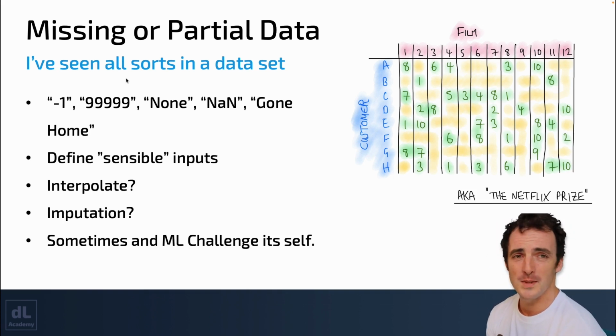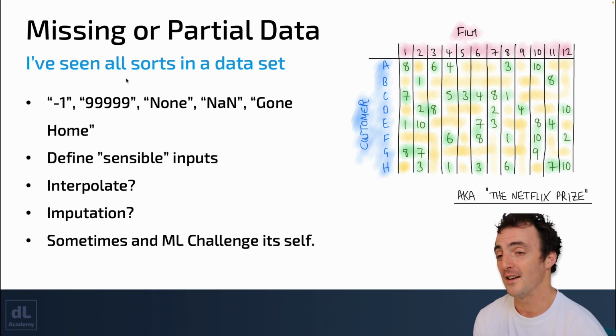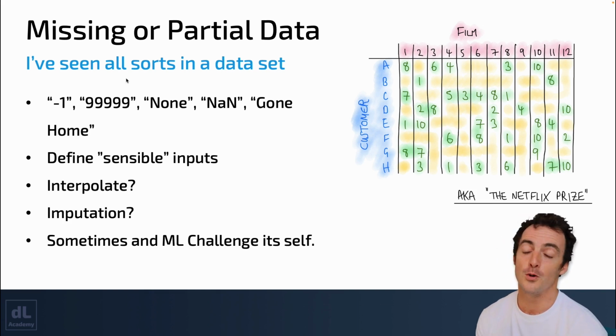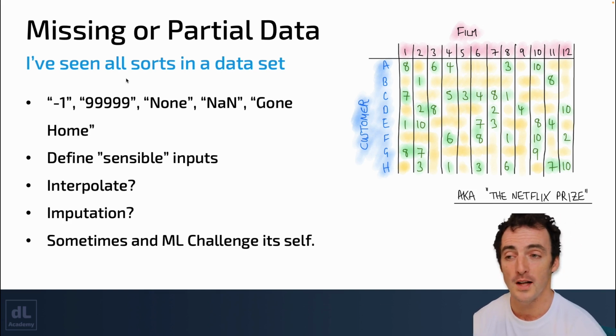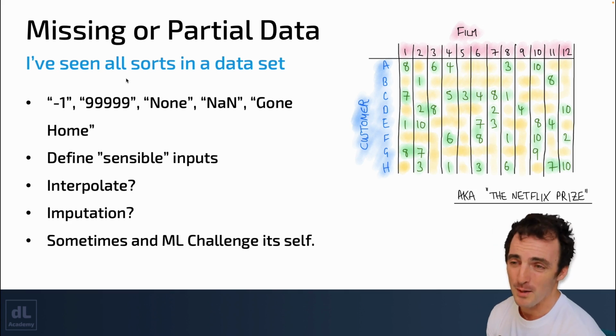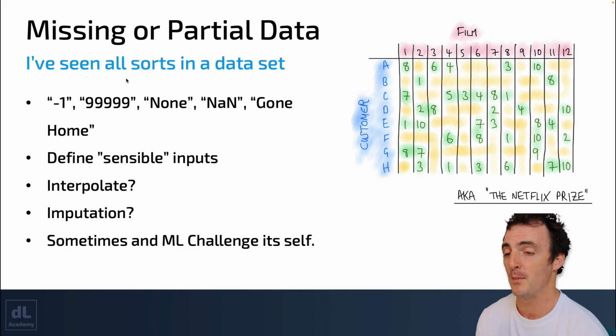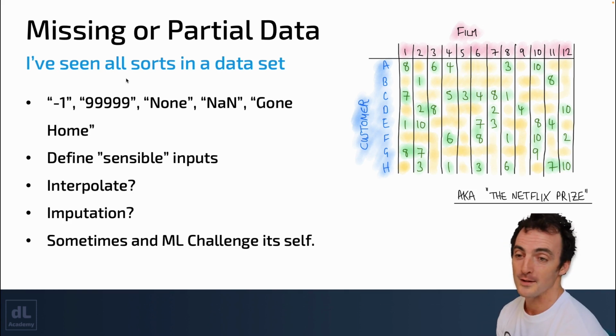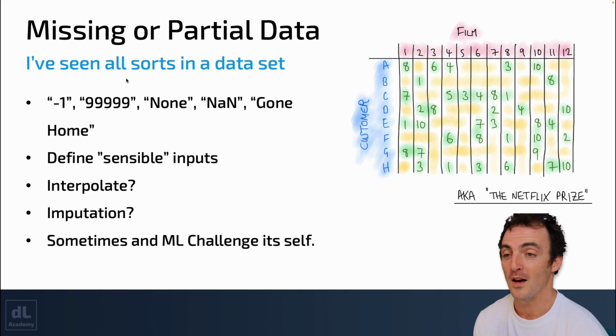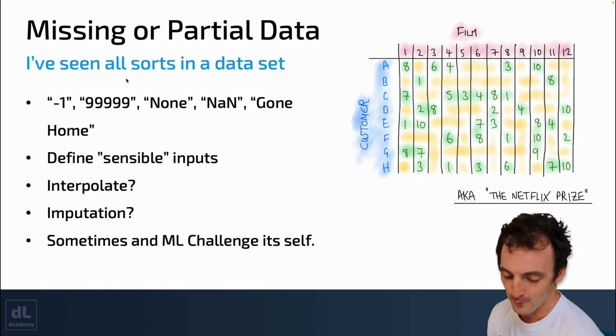This is a missing data problem, or could be seen as a missing data problem. Once you fill in those values, you can rank the films that they haven't seen and potentially recommend other films that they would like to see. So that's how Netflix recommender systems worked. And in 2006, they set up a prize for people to tell them the perfect solution. So really good story.